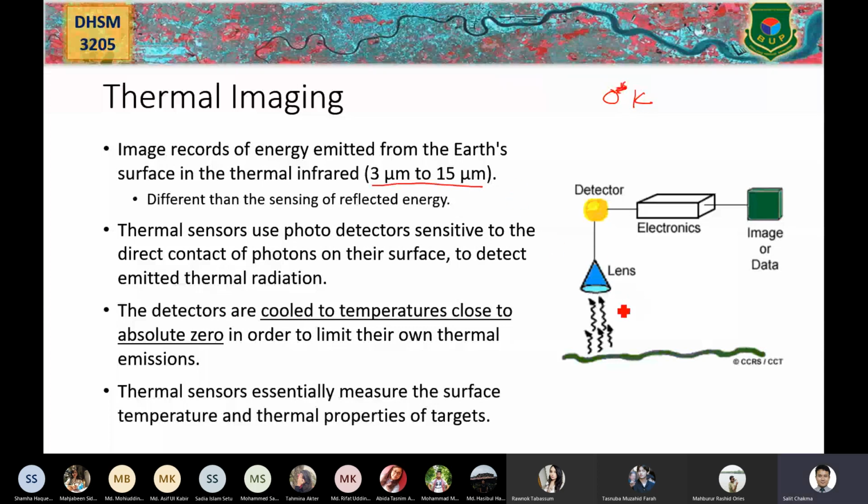So then this radiation from Earth's surface comes in, and the lens takes the signal and sends the detection to the detector, and then using the electronics, the signal is converted into digital format and then stored as image data.